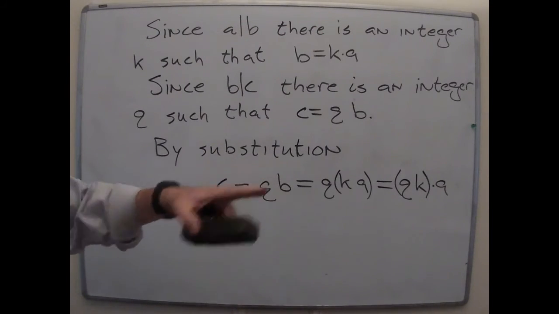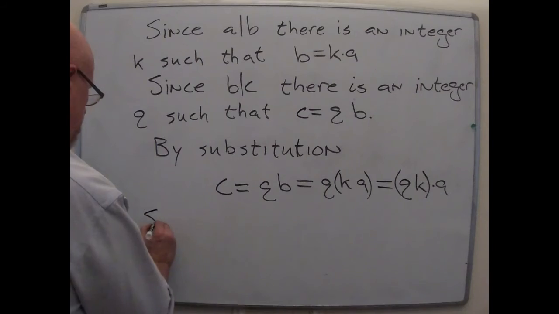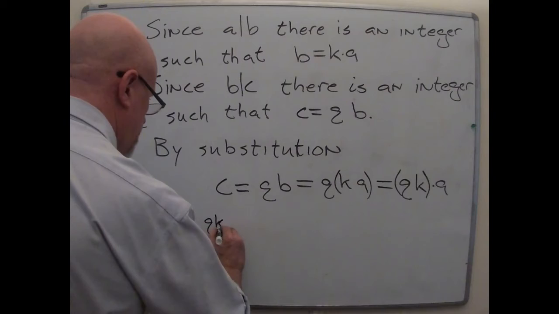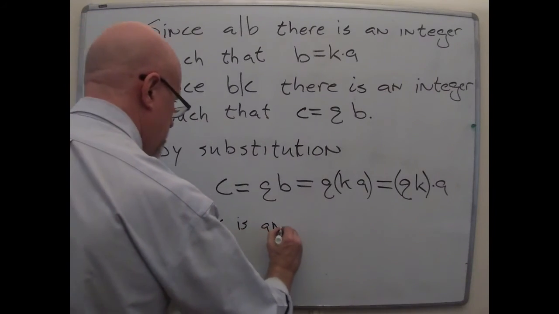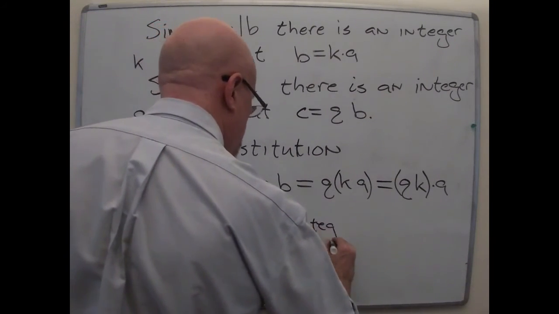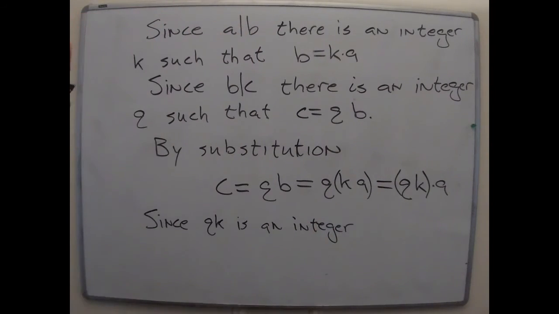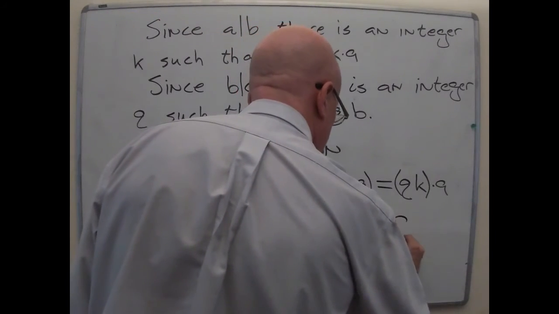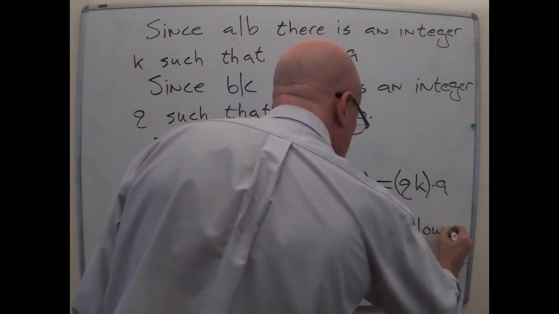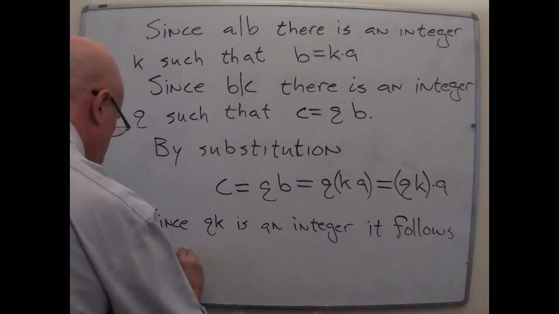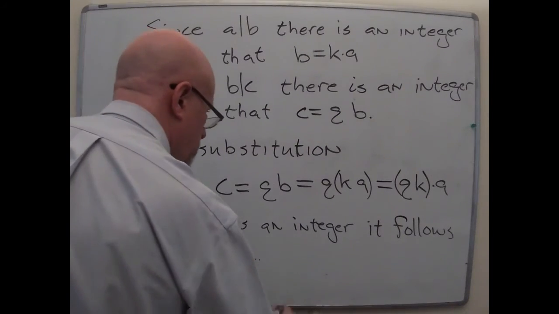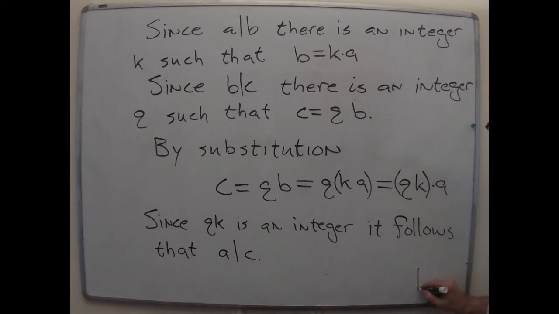So since QK is an integer, it follows that C is divisible by A, or that A divides evenly into C, which is what we were after. So we can fill in our rectangle at the end of this.